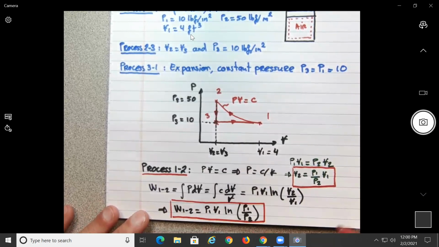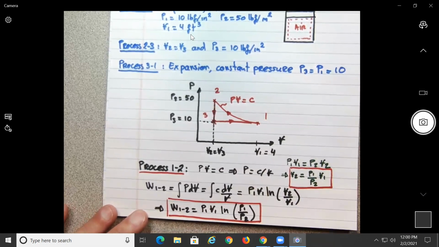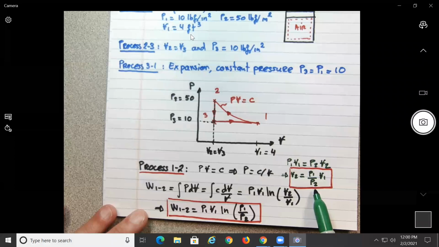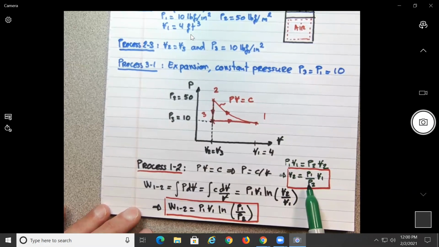So we need the figure. Oh, we need V2 anyway, so it doesn't matter how we do it. To put it on the figure, what is V2? It would be P1, which is 10, over 5. So 1/5, which is, no, it's not 0.125.